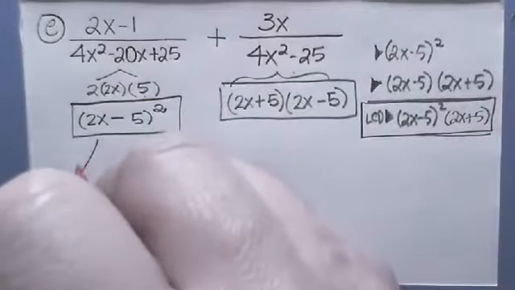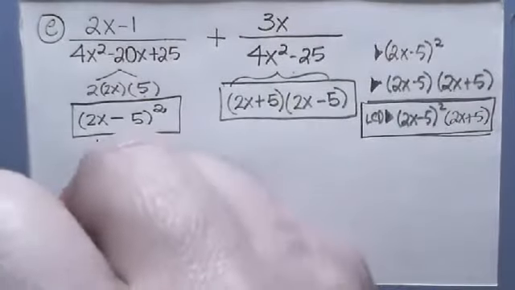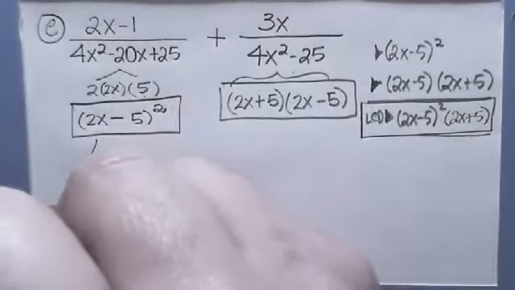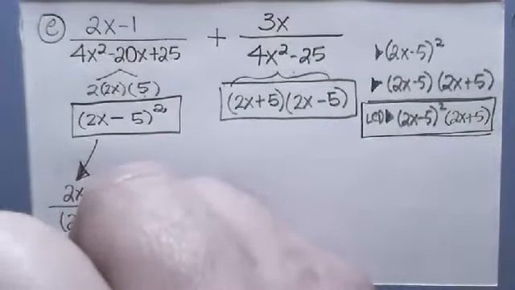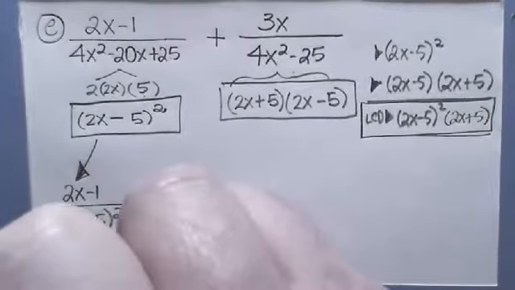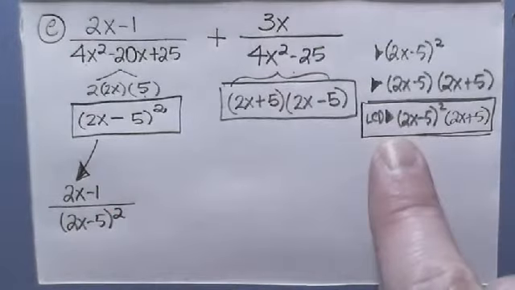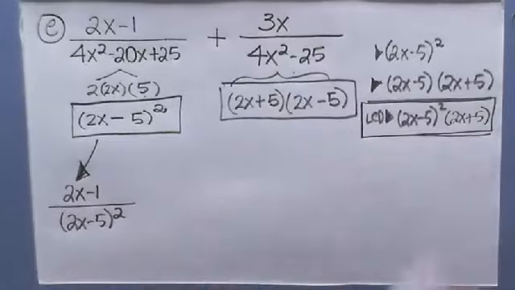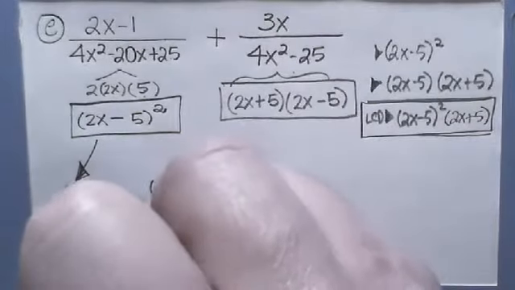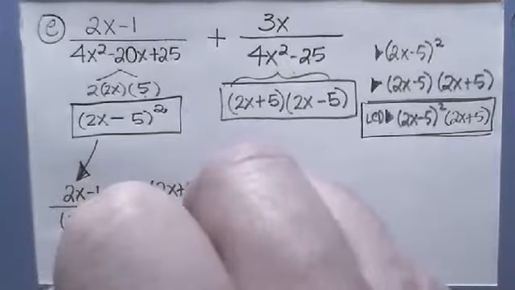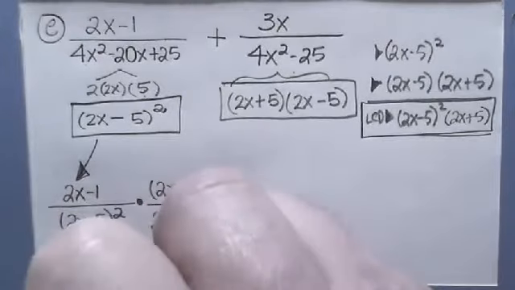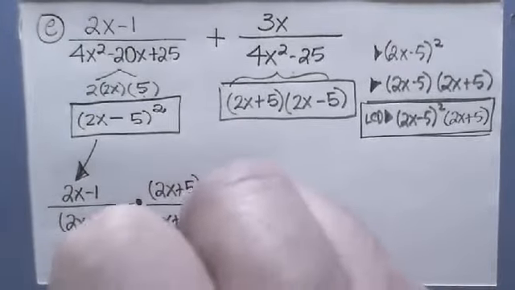Alright, with that in mind, I'm going to put this in a box right here, that way we don't forget. I'm going to copy our first fraction, which is 2x minus 1 over 2x minus 5 to the second power. And I'm going to compare this denominator with the LCD. And we ask, what is missing? Well, the thing that is missing is the 2x plus 5. So that means we're going to multiply by 2x plus 5, top and bottom.